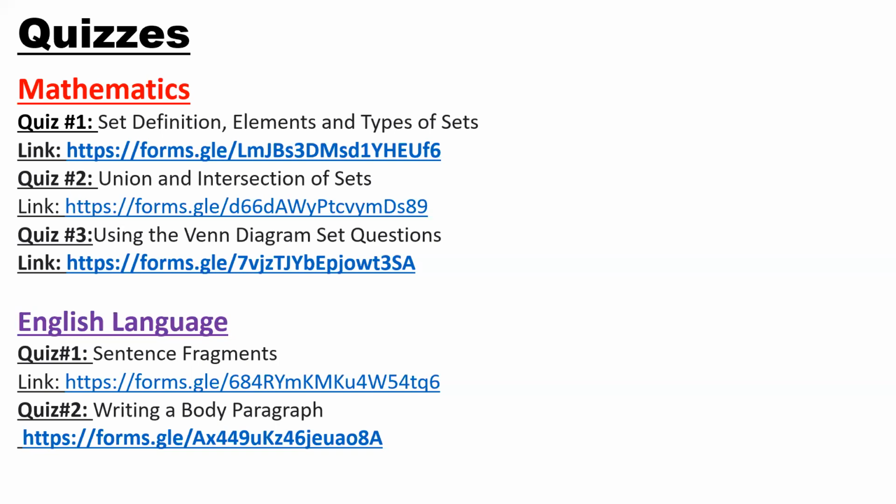The second quiz is going to be based on your notes on Tuesday. The third quiz is going to be based on your notes from yesterday, which was Wednesday. Then English language, the first quiz is going to be based on what we did on Monday, which was sentence fragments. And the second quiz is going to be based on the notes that we did yesterday.